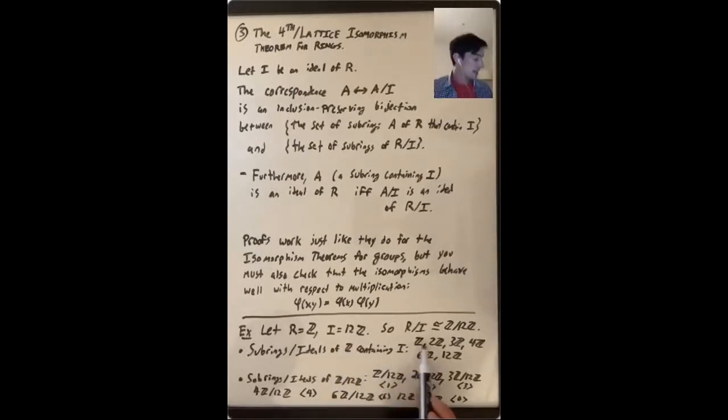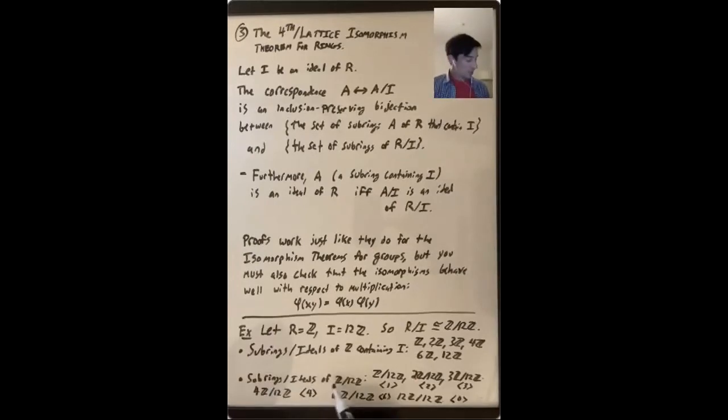So we have Z, 2Z, 3Z, 4Z, 6Z, 12Z. I wanted to write this down in part just as an excuse to emphasize that you contain the ideal NZ if you are DZ, where D divides N. So bigger number, smaller ideal, fewer things in it.